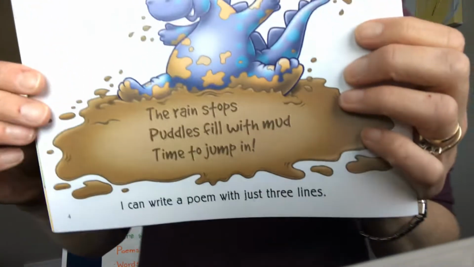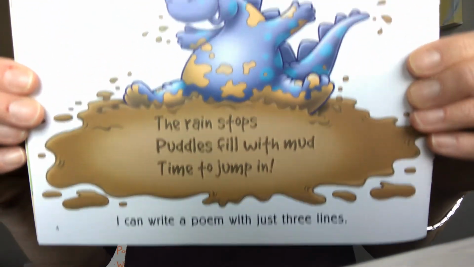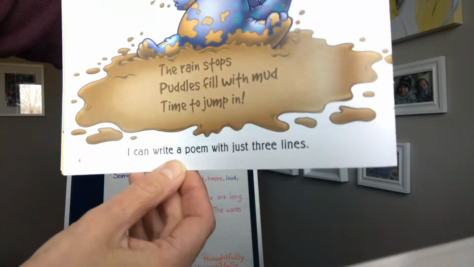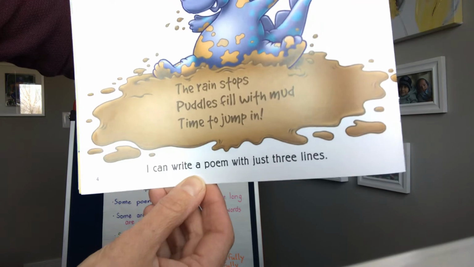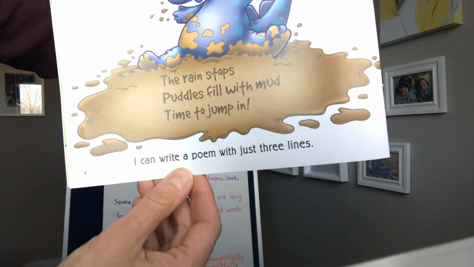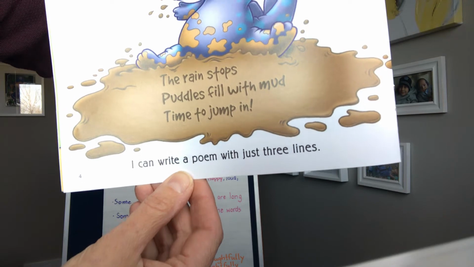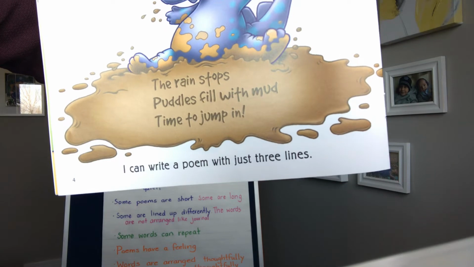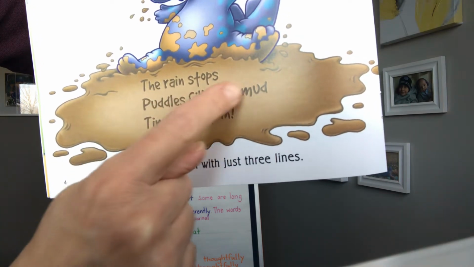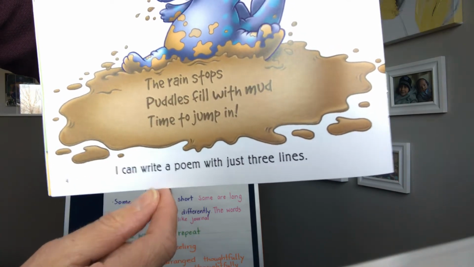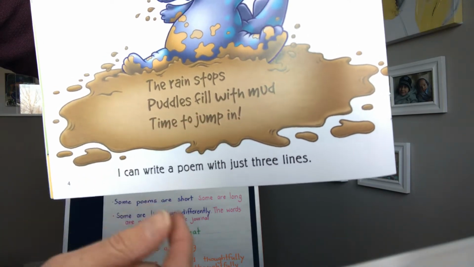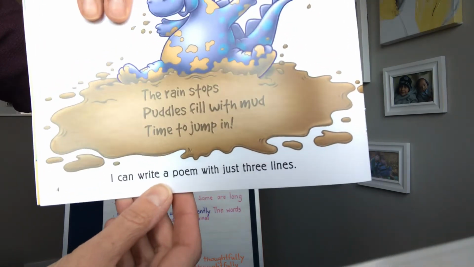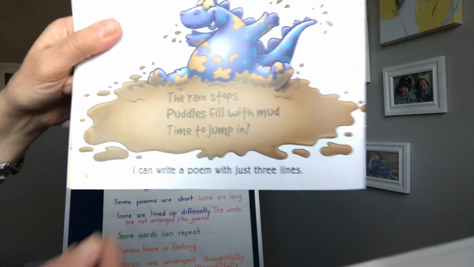This poem has a special arrangement of words, and this one says, it's only 3 lines. The rain stops, puddles fill with mud. Time to jump in. It has 3 words in the first line, 4 words in the second line, and 4 words in the third line. If you think about how many syllables or claps are in each line, it might help you think of a pattern too.